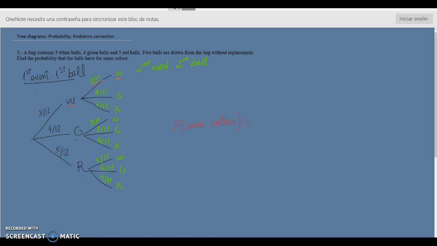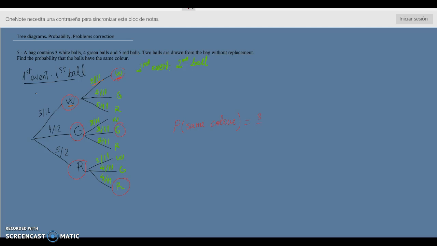So let's calculate the probability that the balls have the same color. We have this option: white with white, green with green, and red with red. So we have to multiply the intersection of events and finally add the different options.